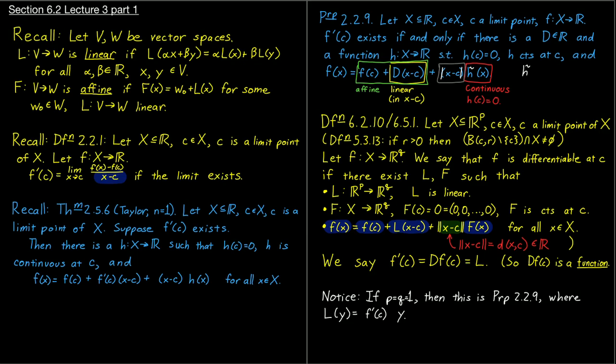You can let h twiddle of x be h of x if x is bigger than c, and minus h of x if x is less than or equal to c. If you redefine h in that way, then you can have absolute value of x minus c instead of just plain old regular x minus c.